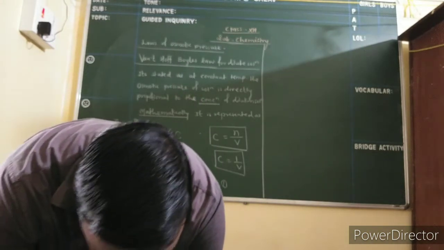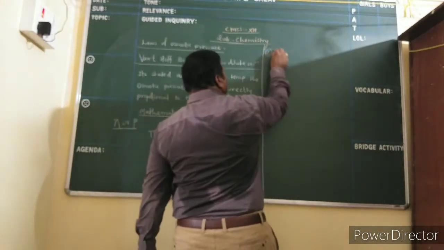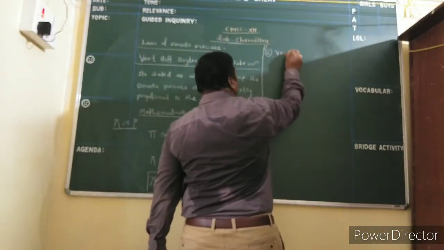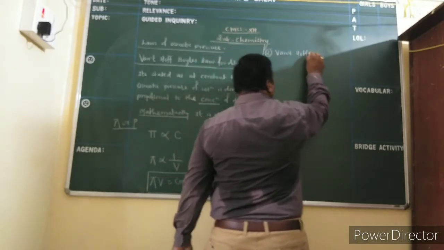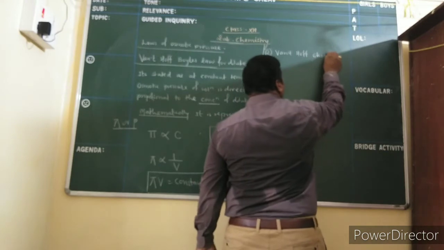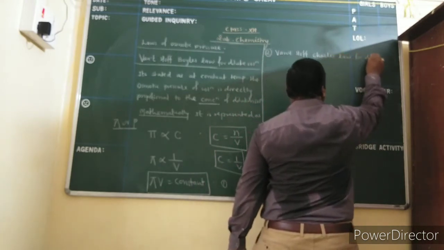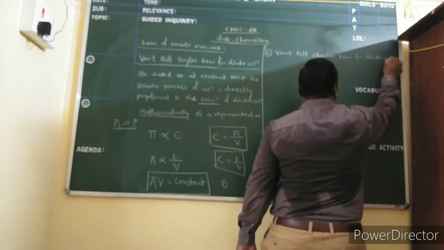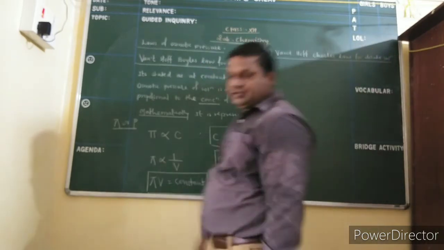Now after that, Van 't Hoff-Charles' law. Second one is Van 't Hoff-Charles' law for dilute solution. Can anyone tell me the statement of Charles' law? Understood?